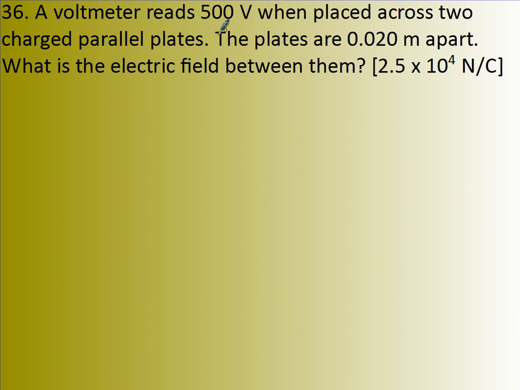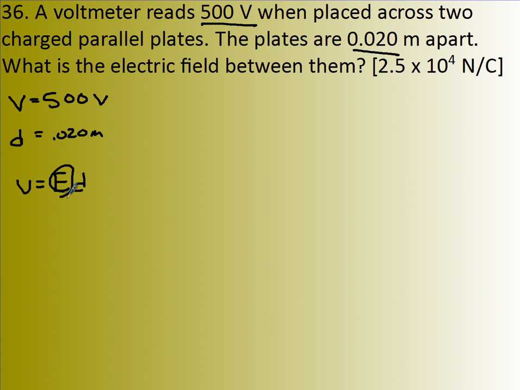All right, a voltmeter reads 500 volts when placed across a charged parallel plate. The plates are 0.02 meters apart. What's the electric field? V is 500 volts, and D is 0.020 meters. Now I know the change in potential, or V, for parallel plates is going to be ED.